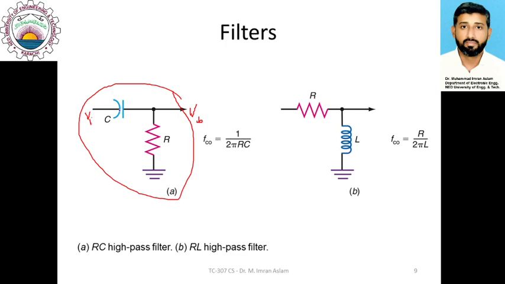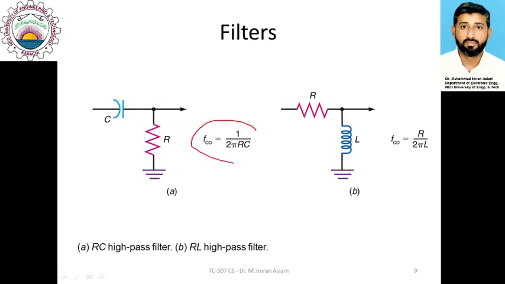You can see that we have only switched the positions of the resistance and capacitance, and now we are getting output across the resistance of the system. This configuration of the RC system gives a high pass response with the cutoff value equal to 1/2 pi RC, as I showed before.